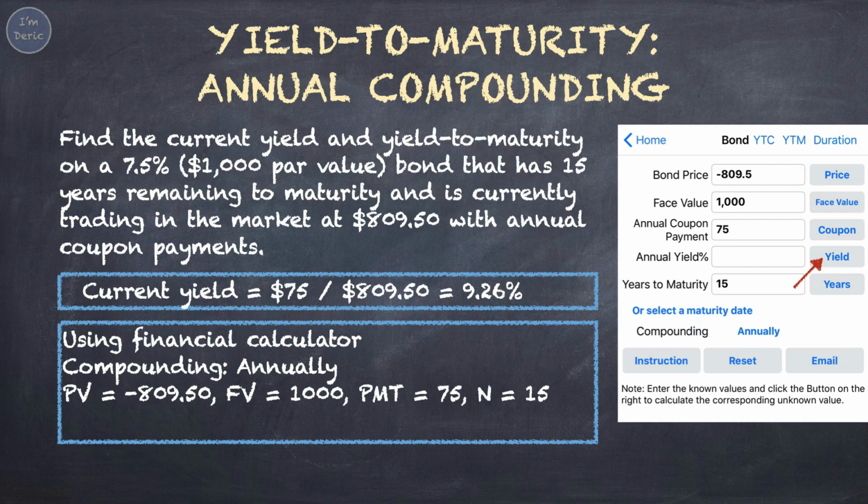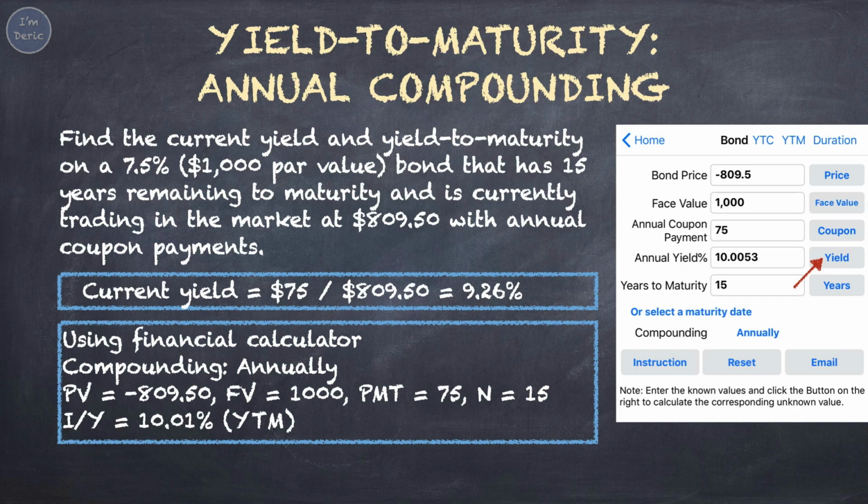FV, the future value, is the par value, equals $1,000. PMT, annual coupon payment, taking 7.5% times $1,000 par value, equals $75. N, remaining years to maturity, equals 15. Last step, press yield. You will get the IY, 10.01%. This is the YTM of the bond.